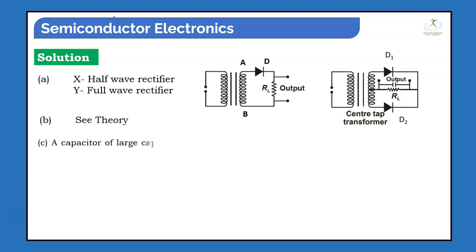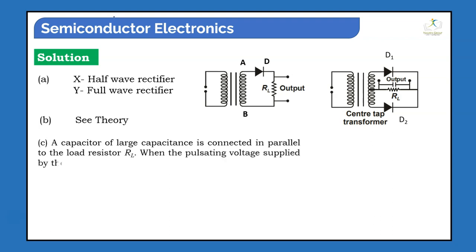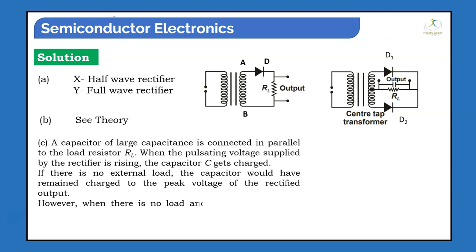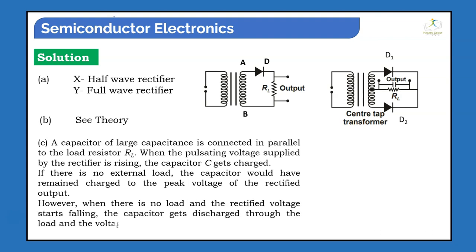See the theory. A capacitor of large capacitance is connected in parallel to the load resistance RL. When the pulsating voltage supplied by the rectifier is rising, the capacitor C gets charged.